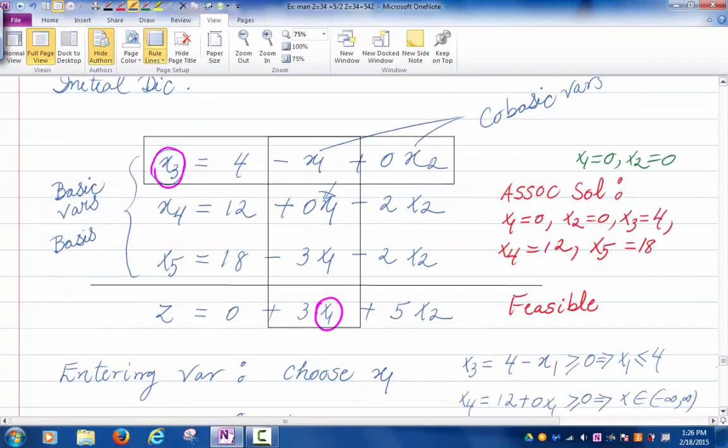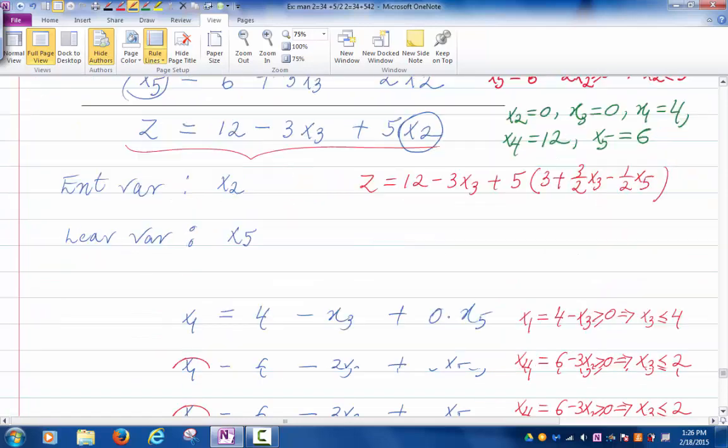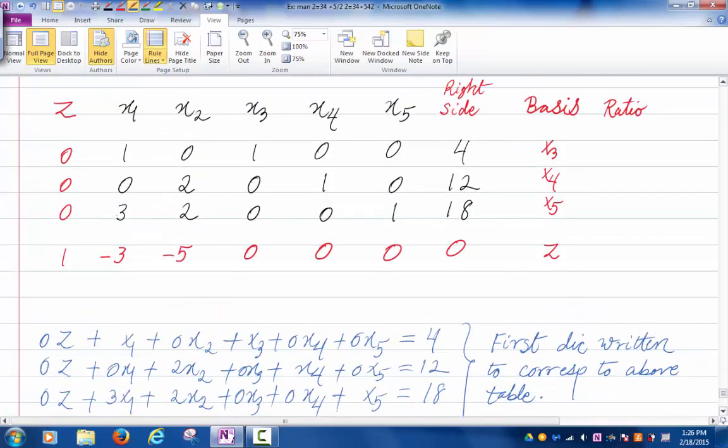Rewrite it with all the variable terms on the left, and on the right hand side only the constants. If you do that, you'll see that you get these coefficients. Think of all the constraints in terms of all the variables. If a variable doesn't appear in an equation, its coefficient will be 0.